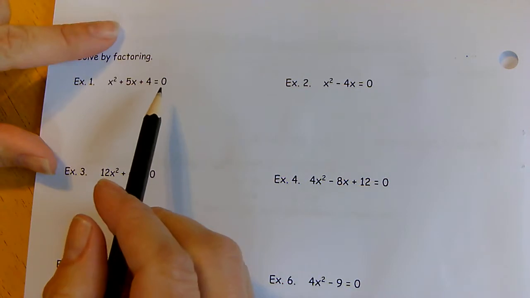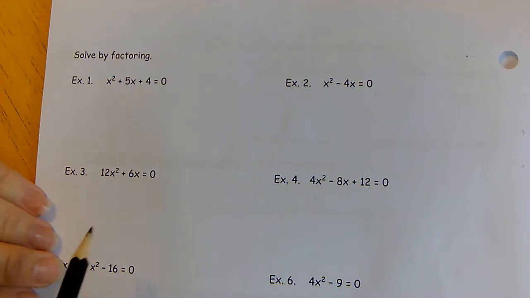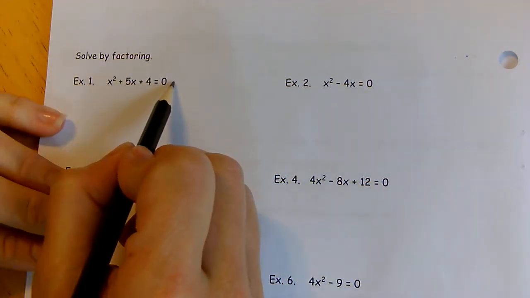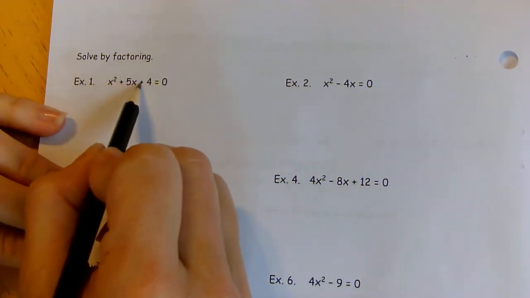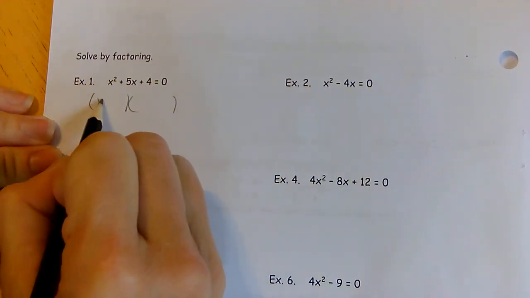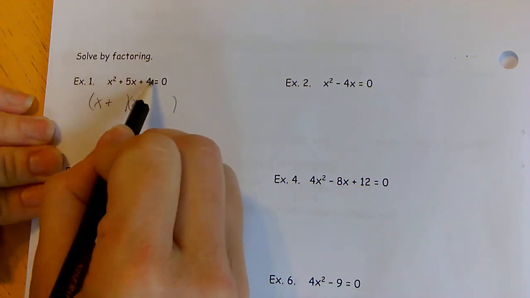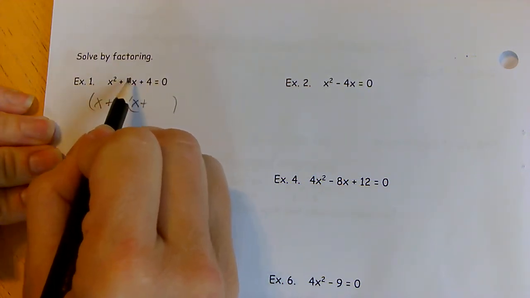So we're going to be solving by using all our factoring rules that we've learned in Chapter 6. So I make sure it's set equal to 0. It's in the order I need it to be. I have 3 terms, and the leading coefficient is 1. Same sign, both positive. 2 numbers that multiply to 4 that add to 5.